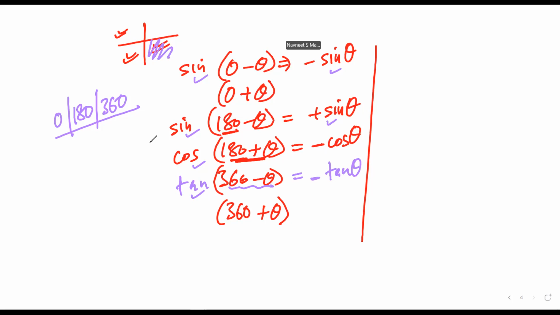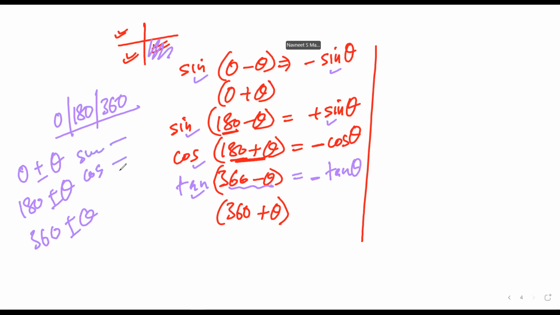Any doubt? No. So whenever the values are 0 plus minus theta, 180 plus minus theta, 360 plus minus theta, sine would remain sine, cos would remain cos, tan would remain tan, and the same for their reciprocals. Cosecant would remain cosecant, secant would remain secant, cotangent would remain cotangent.